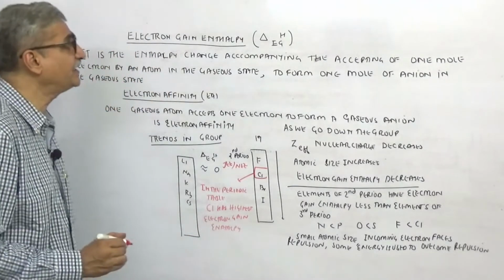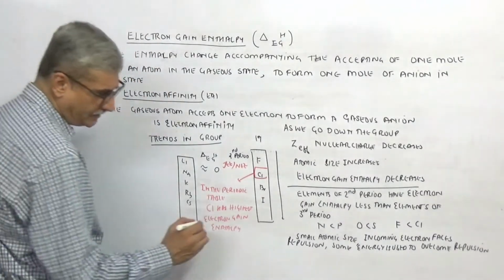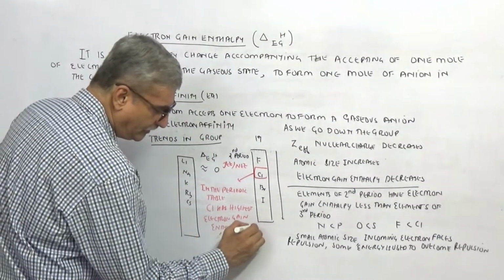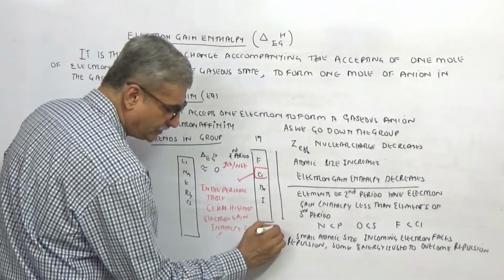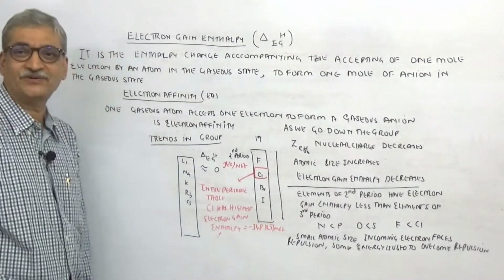Delta H is equal to minus 348 kilojoule per mole. So this is one question.